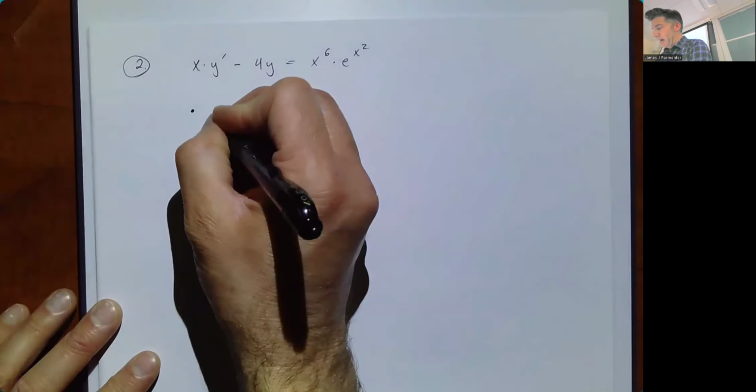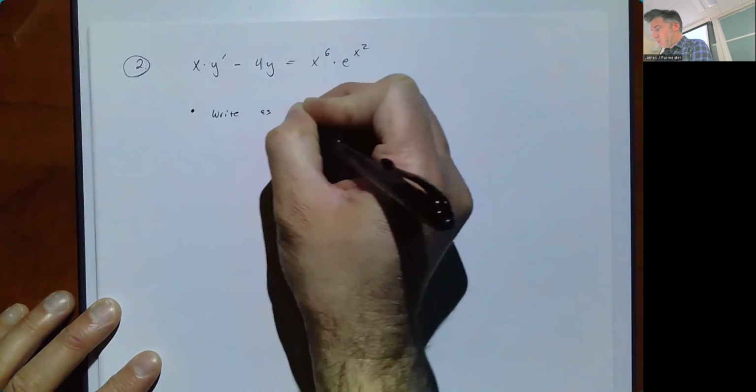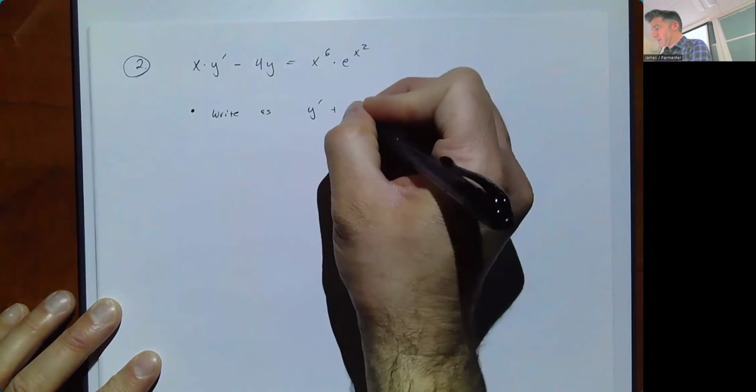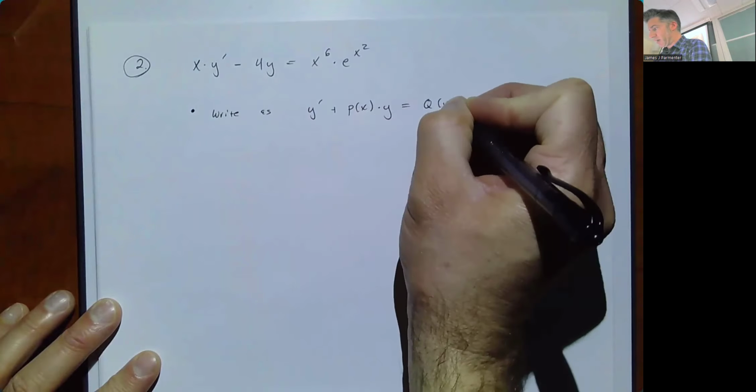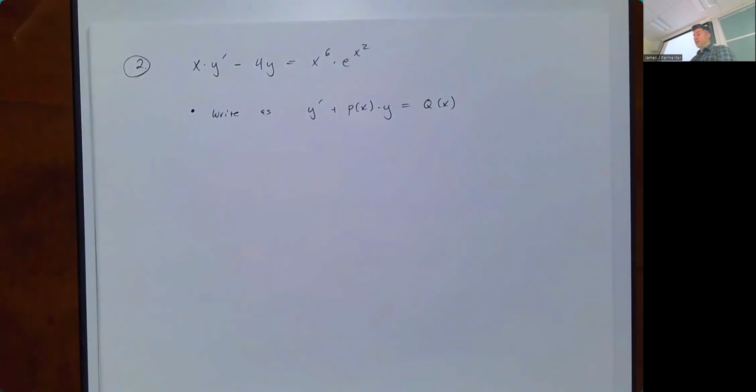So I need to write this as y prime plus some function of x times y equal to some other function of x. And currently, it's not written that way. I don't have just y prime by itself. So what am I going to do to both sides of this equation to get y prime by itself? I've got x times y prime.